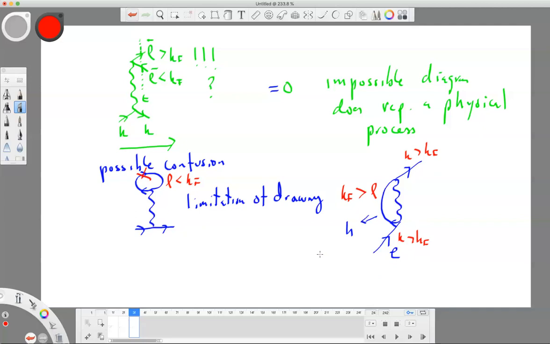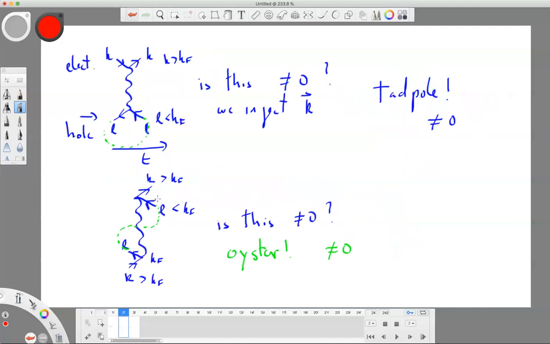Okay, let's see if there's any other interesting case here. No, I think these are all the interesting cases. If you swap, for example, these arrows around, so if you put these two arrows on this side and these two arrows on this side, this will again be the oyster, so we can draw that one here, for example.